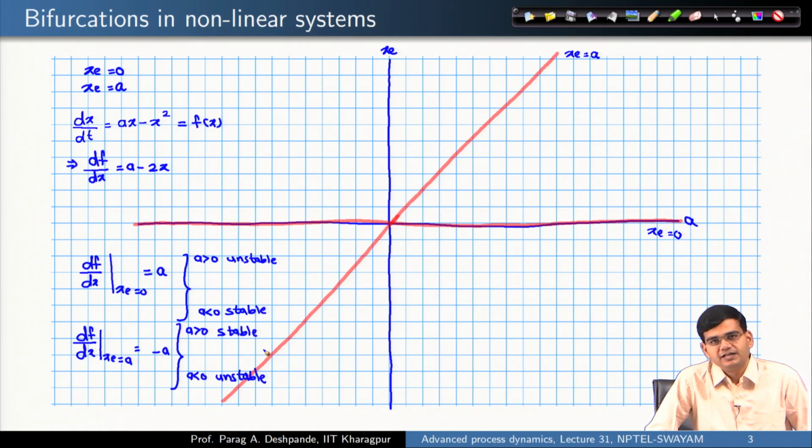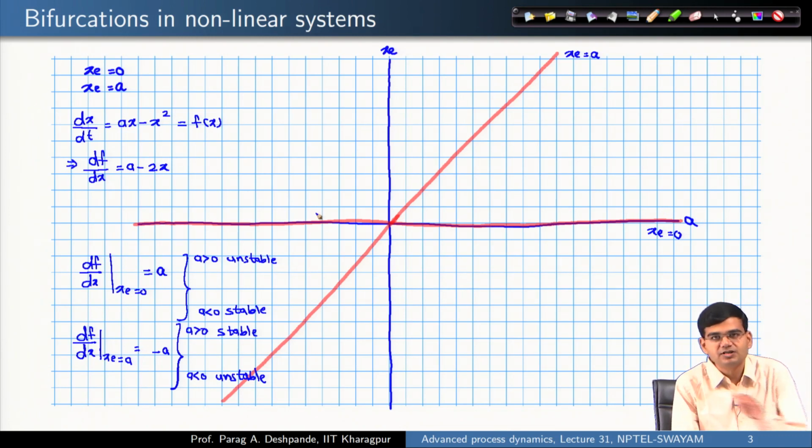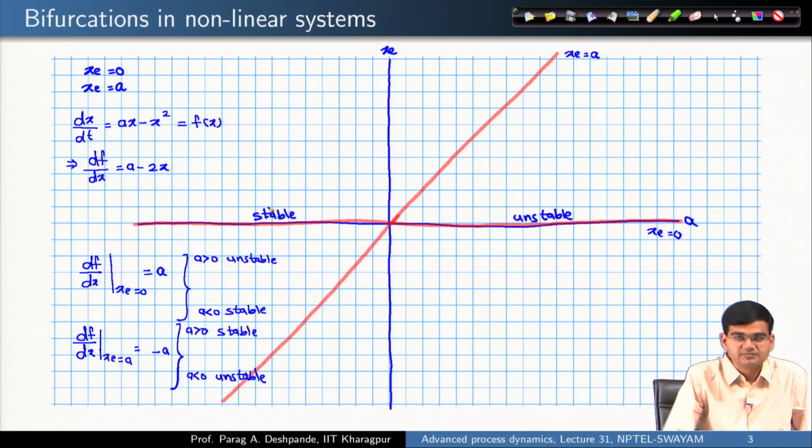So, now I can determine various parts of my bifurcation diagram and determine whether they are stable or unstable. So, let me see here, I have df by dx is equal to a, and this was determined at x e is equal to 0, which means this horizontal line, and for a greater than 0, this is unstable. So, this means this is going to be unstable, and for a less than 0, this is going to be stable, right.